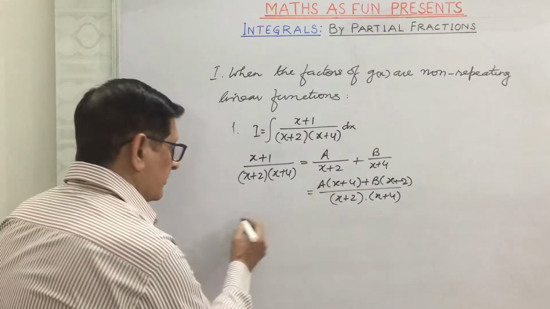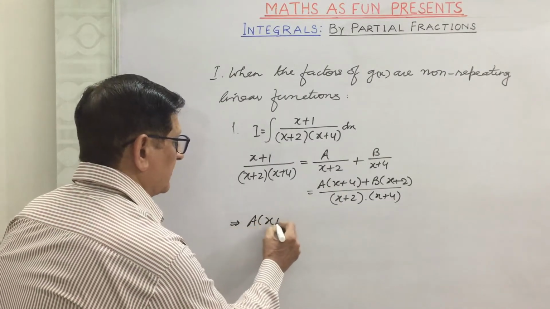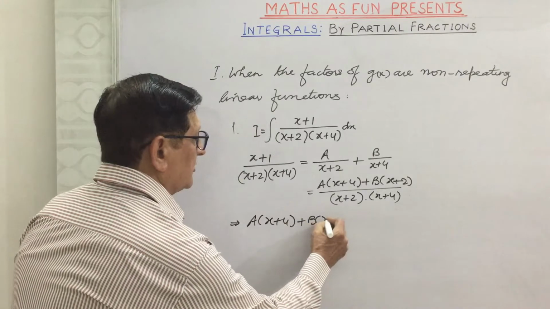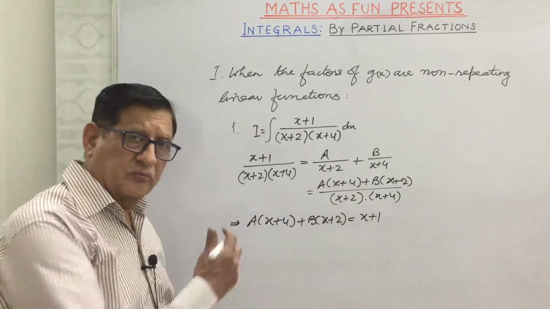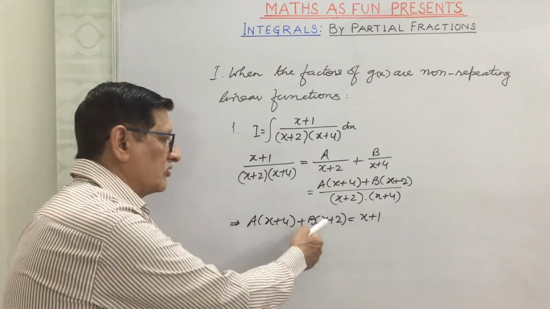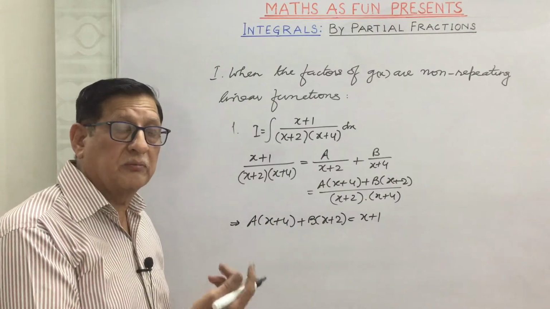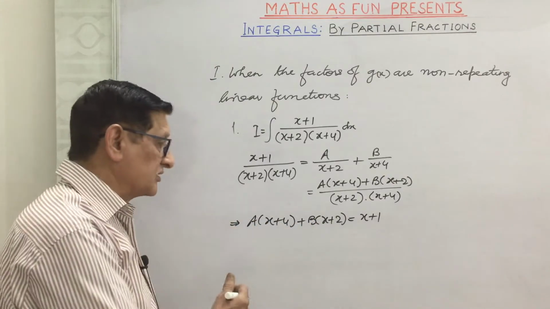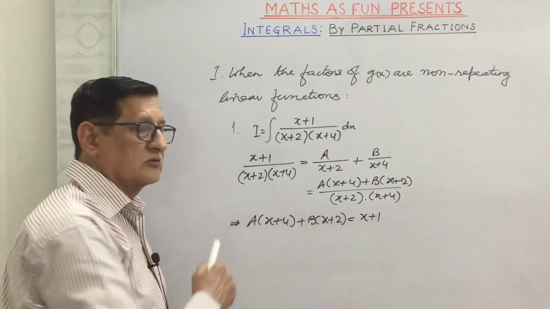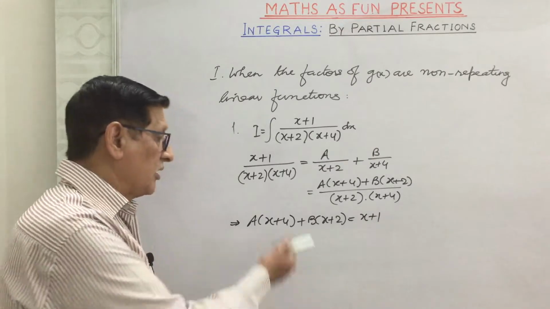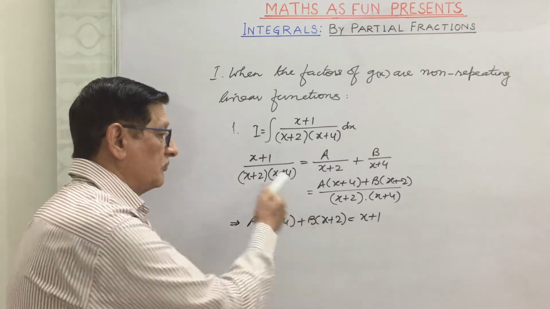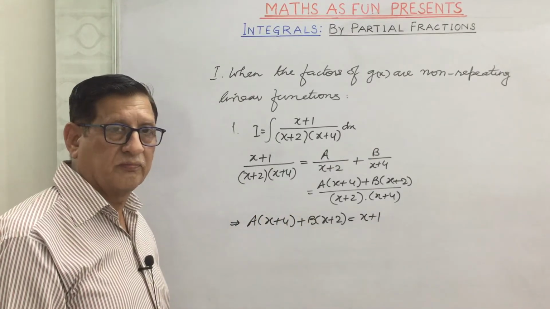So we find here A(x plus 4) plus B(x plus 2) is equal to x plus 1. From this, we have to find out the values of A and B, and that can be done by two different methods. One is by comparing the coefficients of x and the constant term on both the sides, and second is by making one of the parts as 0.